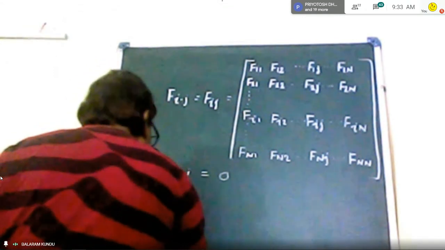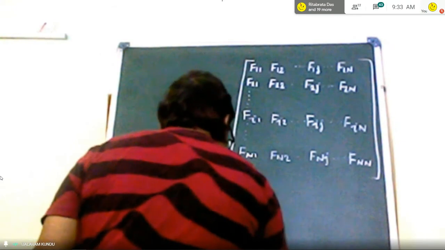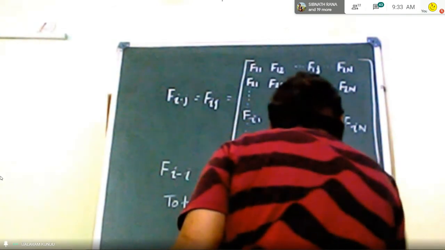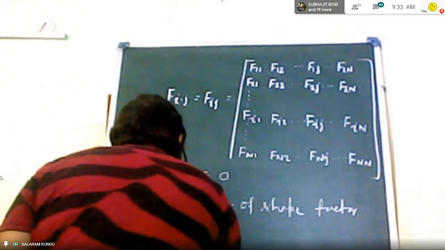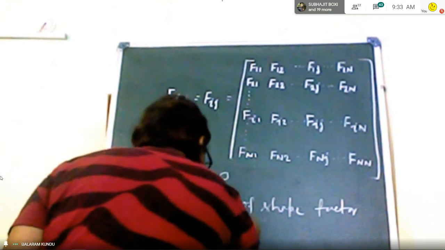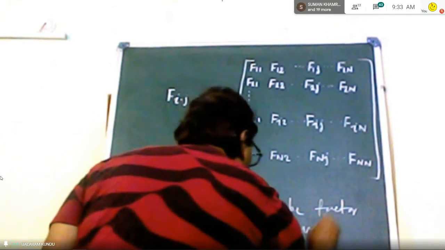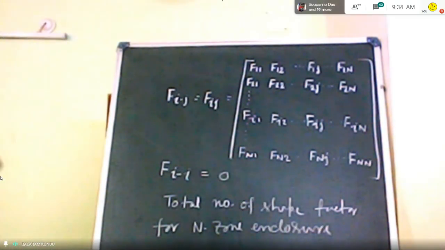You just think in this way, very simple. The total number of shape factors for an n zone enclosure is equal to n squared.